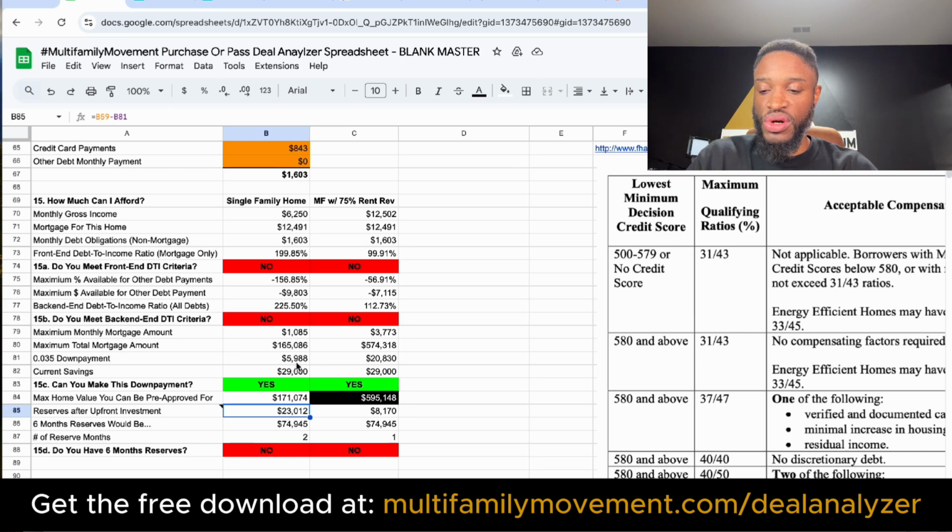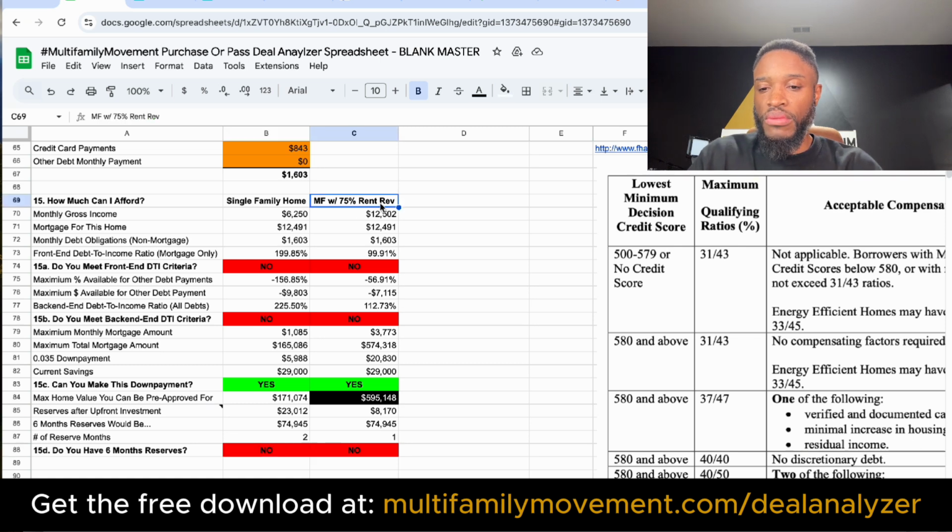And then your reserves, you would have $23,000 after the down payment. That is not including closing costs. Then 6 months reserves would be, for this mortgage, $74,000, and you only have 23, so you have 2 months of reserves, and that does not meet your 6 month reserve requirement. All right, that's typically what the banks want.